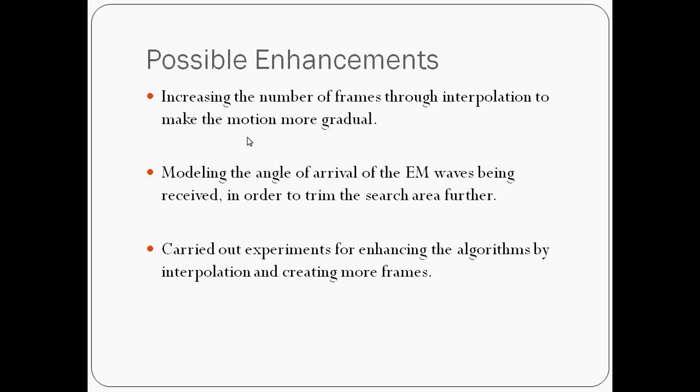The EM waves which are reflected have significant energy, which is what you will receive from the object, and the clutter is basically very weak in nature. So by measuring the angle of arrival you can have beforehand knowledge of where the object might be, and you can prune your search area further, and that can reduce the amount of computation you need to perform to search the object. So that's another enhancement.